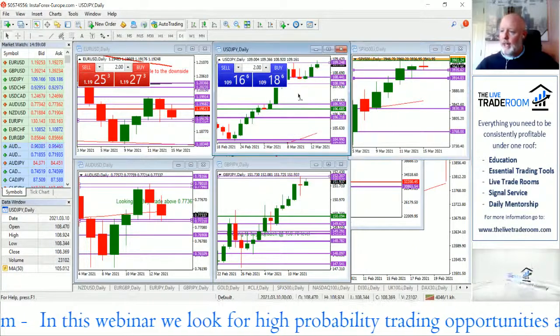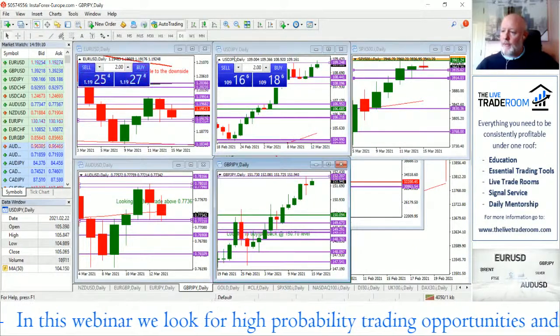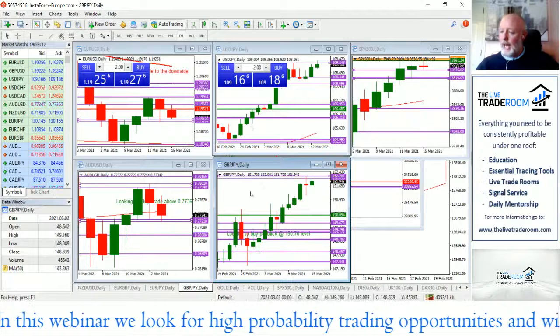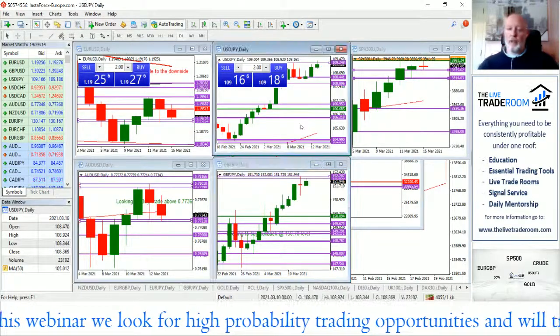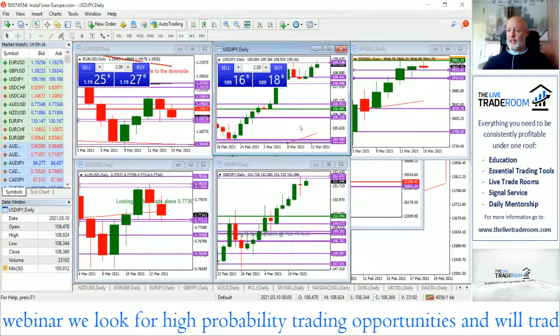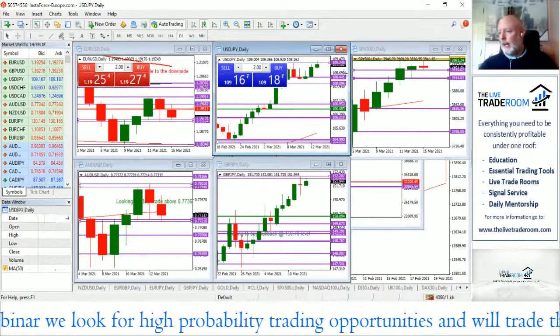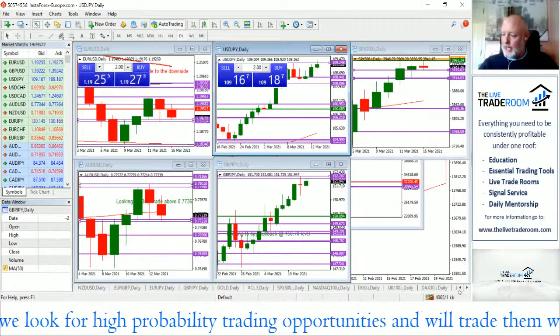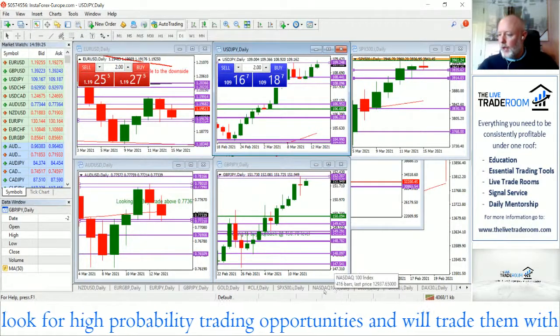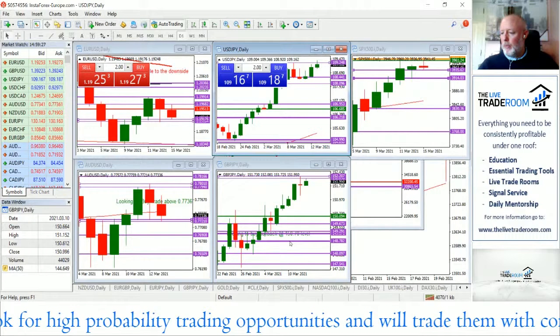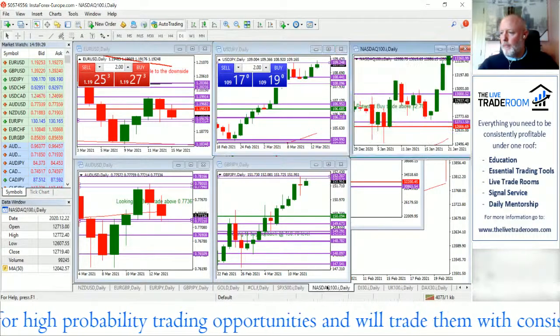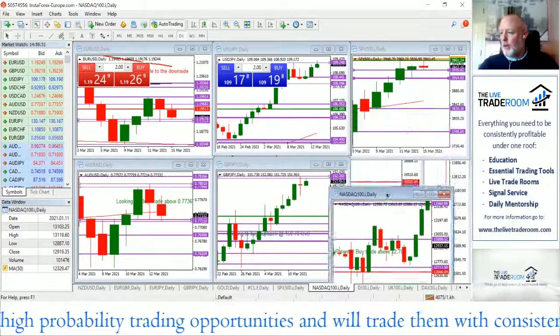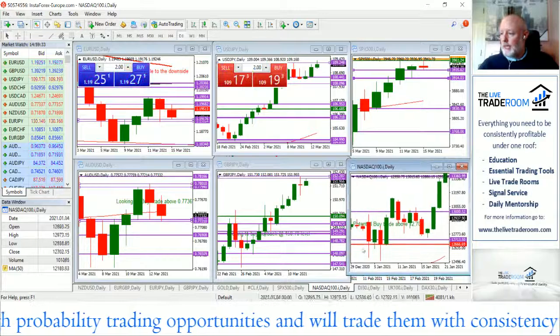So really the better trades are very likely to be in the dollar yen and the pound yen, just due to their status as safe havens. But what we'd like to see is a little bit of buying coming into the S&P. And then NASDAQ will be an interesting one to keep an eye on as well. These are all your big tech firms.